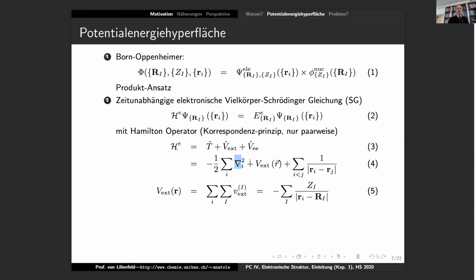It's the curvature operator, so a second order derivative in space. It's the external potential, we come to that in a minute. And it's the interaction between electrons.